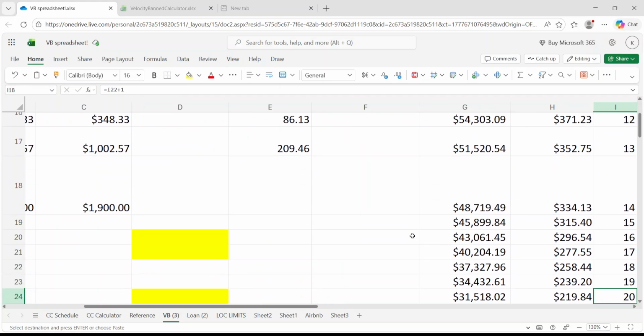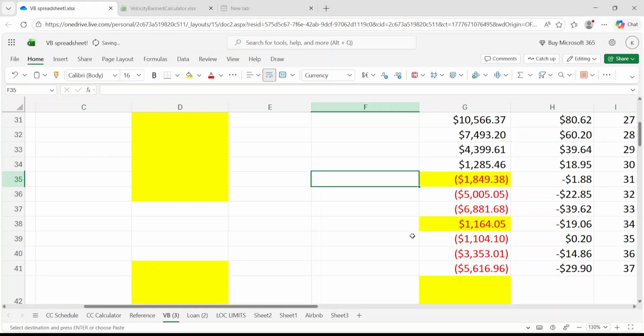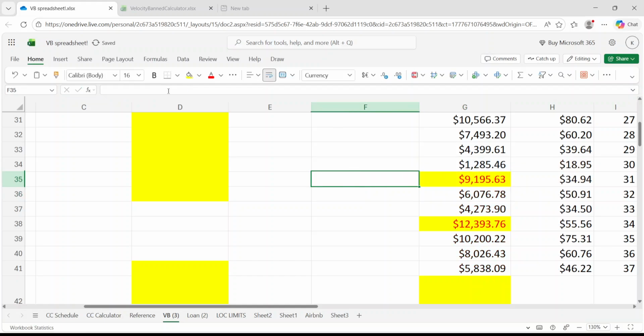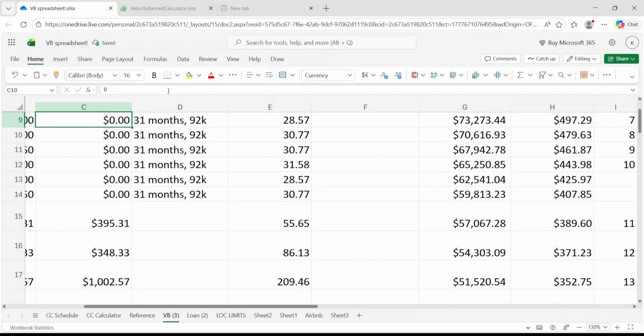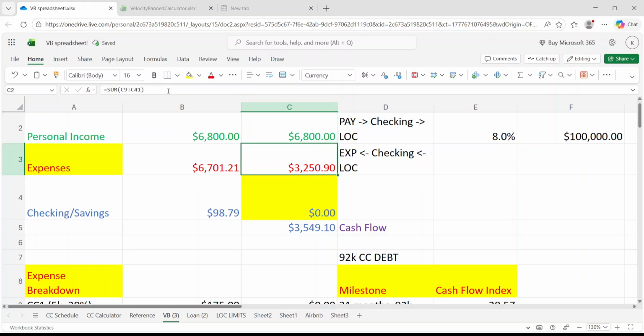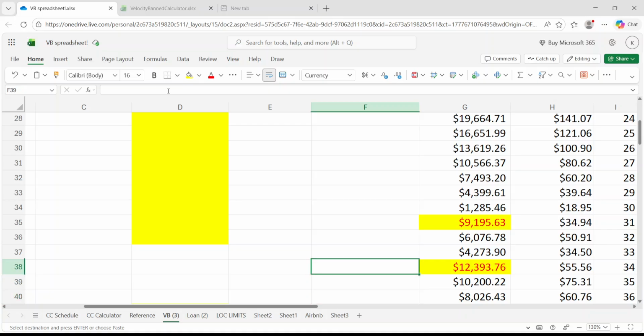So let me copy and paste this, and then plus 11045.01. And then what's our new cash flow? Our new cash flow is 395.0. And then here it's 3,500. So 3,500.